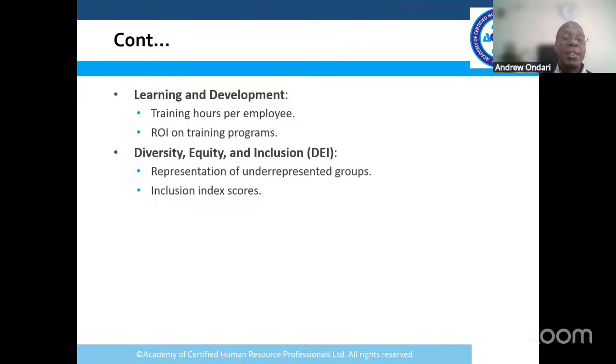And then the second one is inclusion index. Here we are looking at the different categories of employees and the degree to which they are represented in various decisions. For example, at board level, we expect that there should be the 2/3 gender representation, or 1/3, so that this group is not completely excluded from decision making.